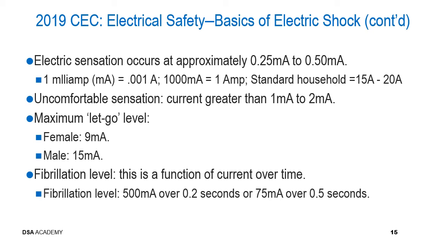The fibrillation level, which is the level at which your heart will actually skip a beat or start to tremor after an electrical shock, is a function of the amount of current that is passing over a time. And the fibrillation level is defined as 500 milliamps over 0.2 seconds or 75 milliamps over 0.5 seconds.